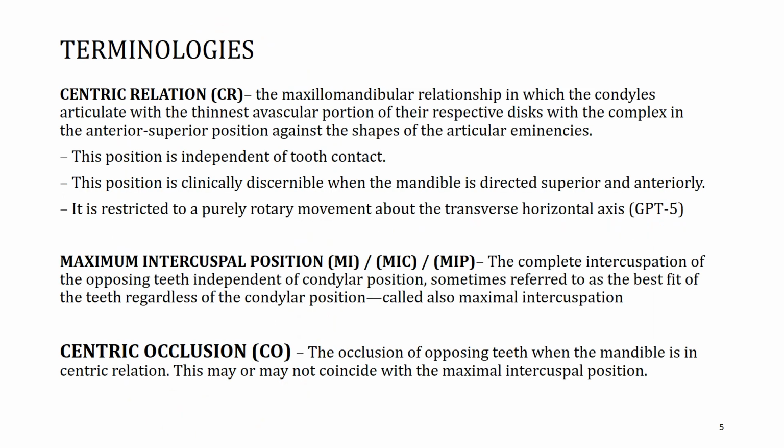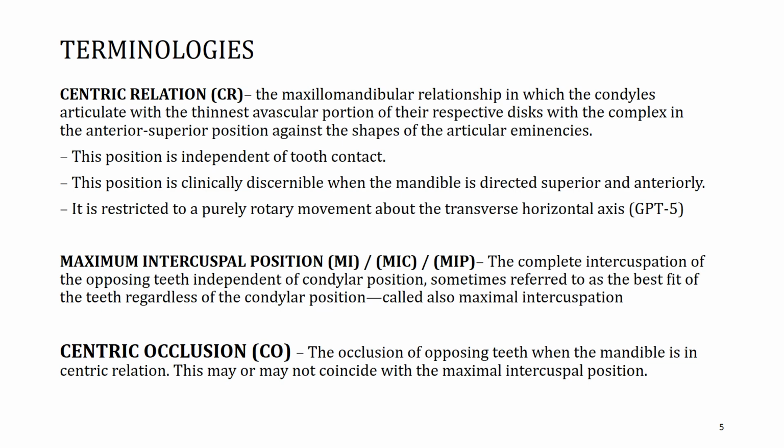Now coming to three very important terms which have to be remembered and memorized, the definitions. Centric relation, also known as CR in short. If I want to simplify it, it is the most retruded position of the mandible. We can read the definition as well.